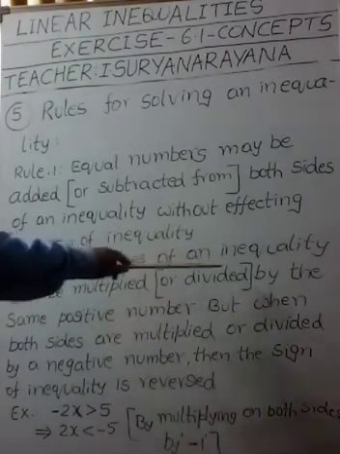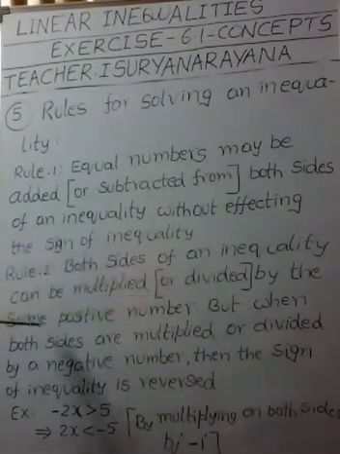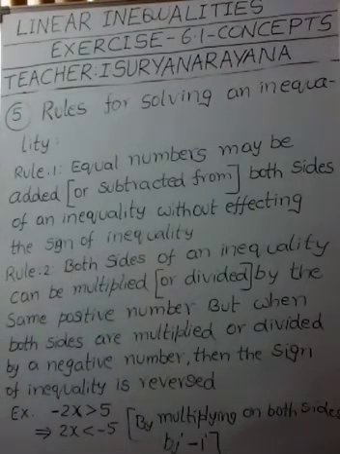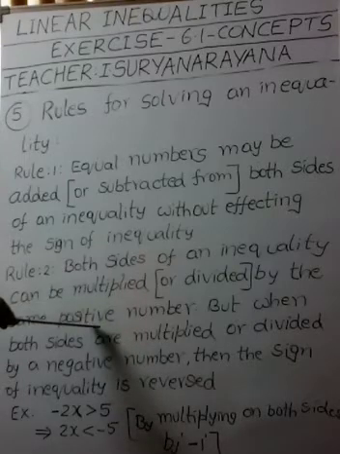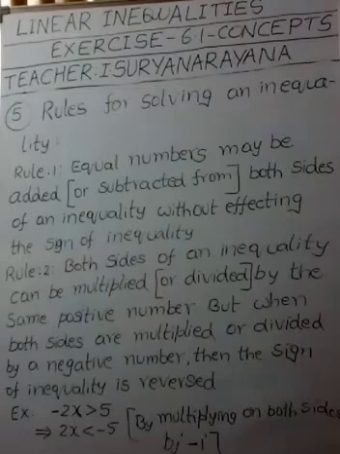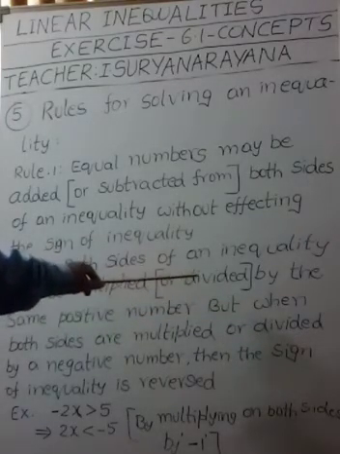Both sides of an inequality can be multiplied or divided by the same positive number. Observe this point, my children. We can multiply on both sides of the inequality by a positive number. Then the inequality sign does not change. But see this point, my children, concentrate here.